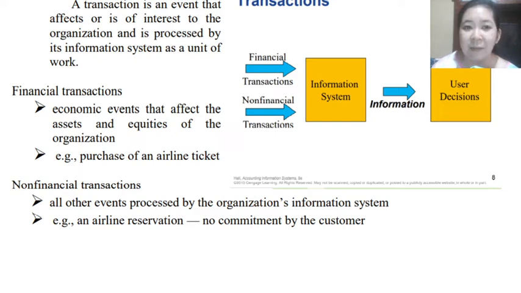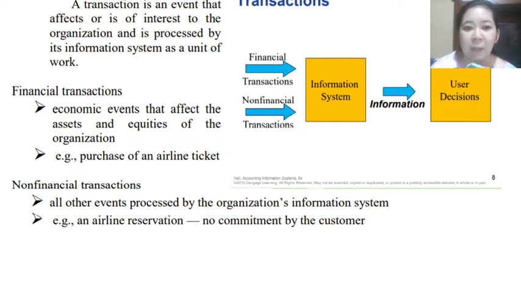So basically, they affect the assets and equity or other elements of the financial statements of the organization. So for example, purchase, sales, production, and so on. That is our financial transactions. Okay, it has economic substance. It is able to be measured, okay, and it affects the elements of financial statements.